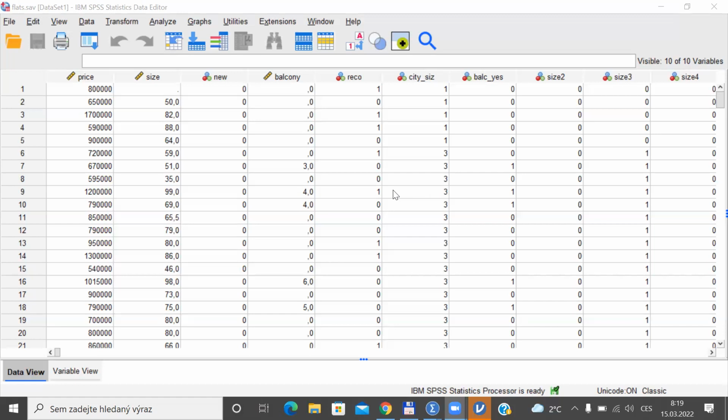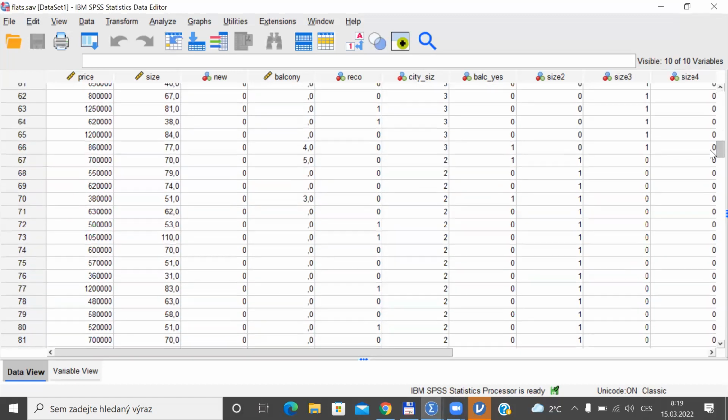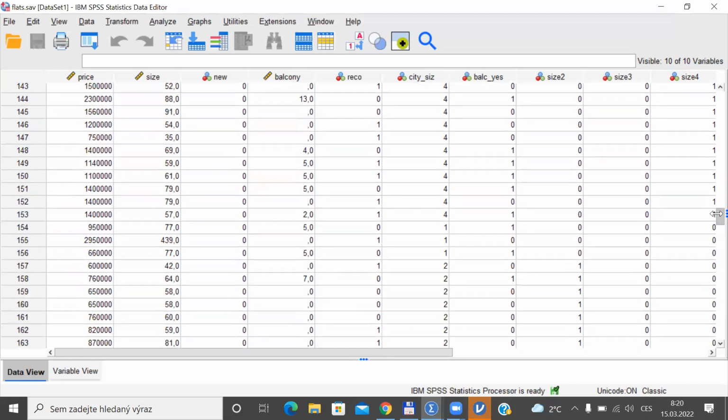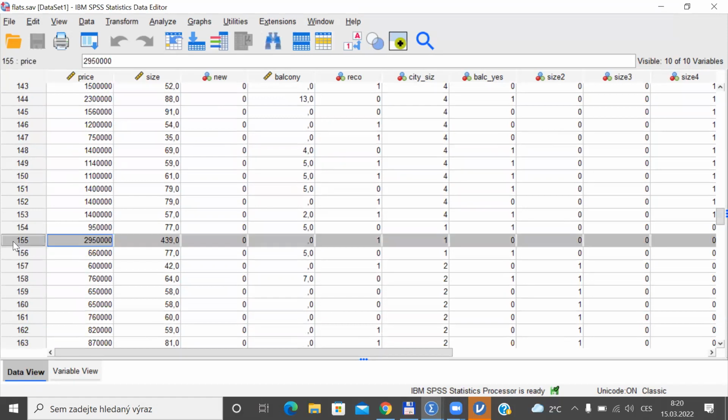We know from previous discussion and from previous analysis that we have one extreme case in our data. It is the case 155. So here it is. So it is extremely big flat. Its size is nearly 450 square meters, but the price was quite low in comparison with its size.